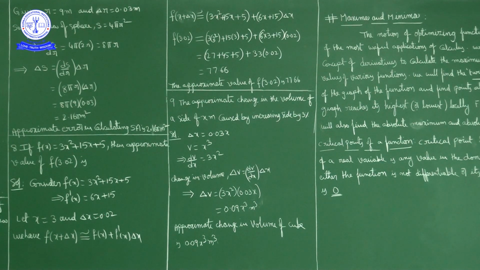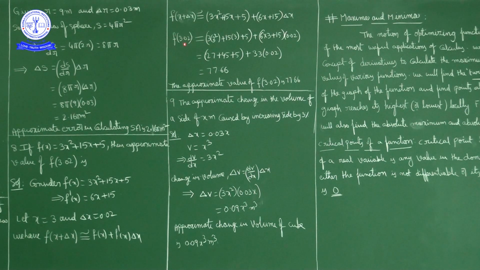So f of x plus delta x is equivalent to 3x square plus 15x plus 5 plus 6x plus 15 into delta x. Now in place of x substitute 3, in place of delta x substitute 0.02.